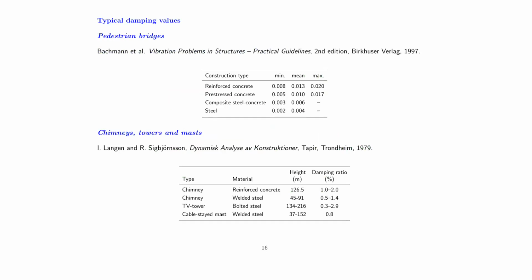Let's at the end have some typical damping values, and we are going to consider the damping ratio. Always be careful to distinguish between the damping ratio and, of course, the loss factor. And to make matters worse, we actually also sometimes represent damping by the logarithmic decrement.